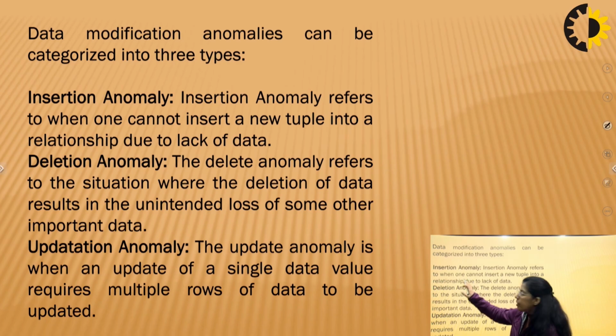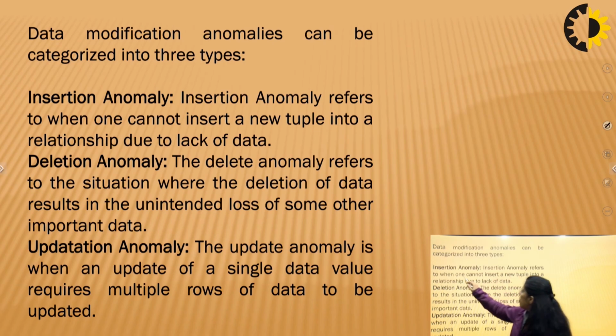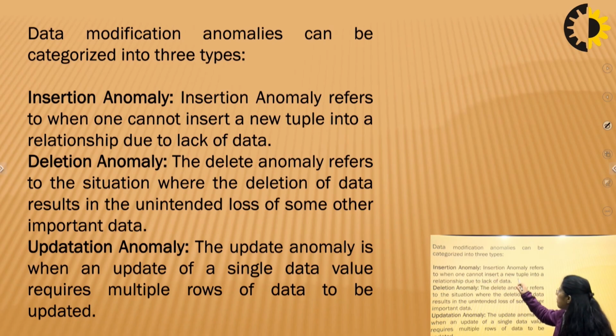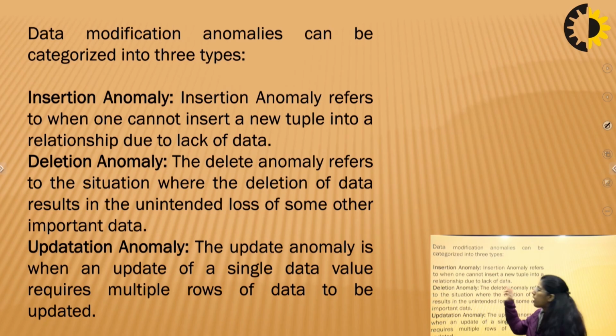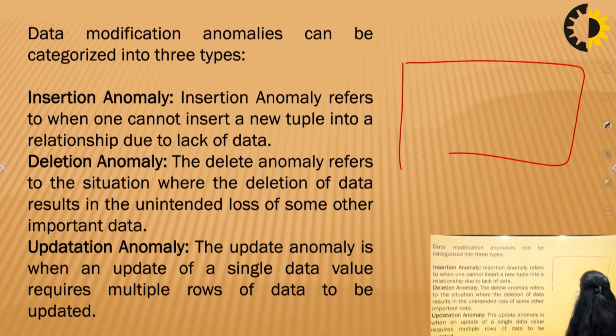So first of all, what is insertion anomaly? Insertion anomaly refers to when one cannot insert a new tuple into a relationship due to lack of data. For example, let's say we have a course table, right?